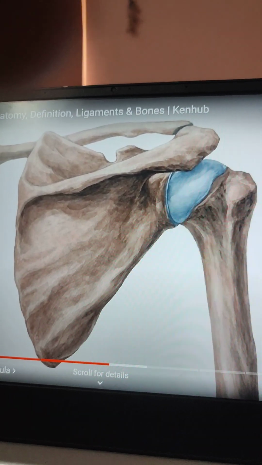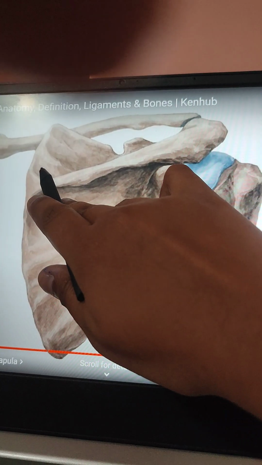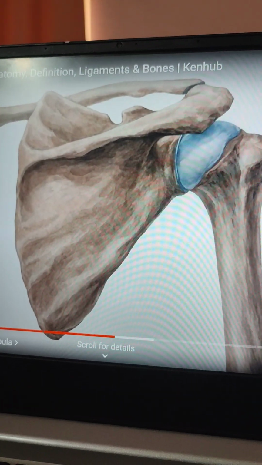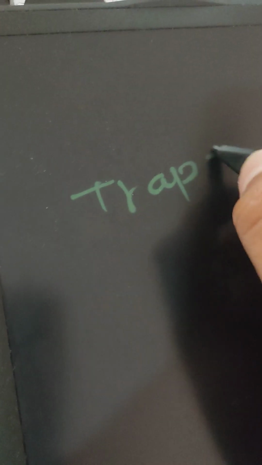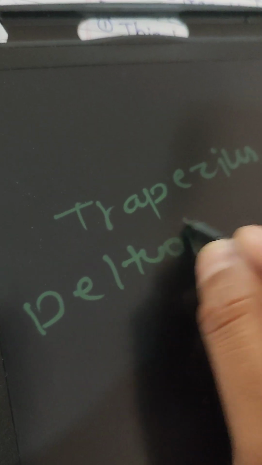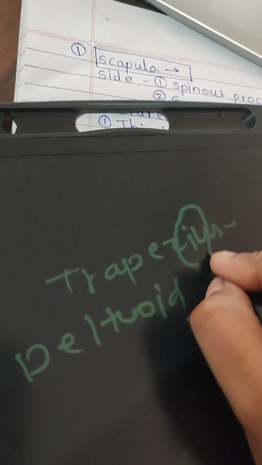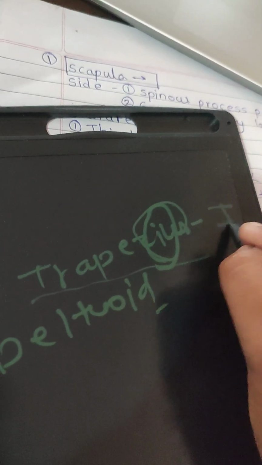So we have to remember: upper lip insertion of trapezius, lower lip origin of deltoid. How will we remember? A simple trick, as it is insertion or origin: in trapezius there is an I, but there is no O. So I is for insertion of trapezius.